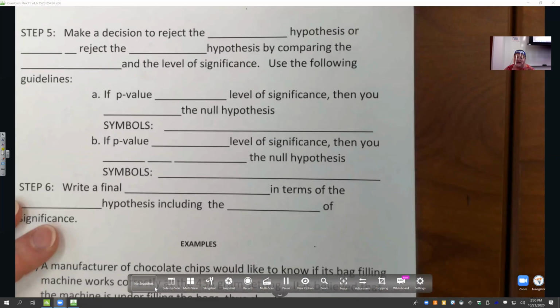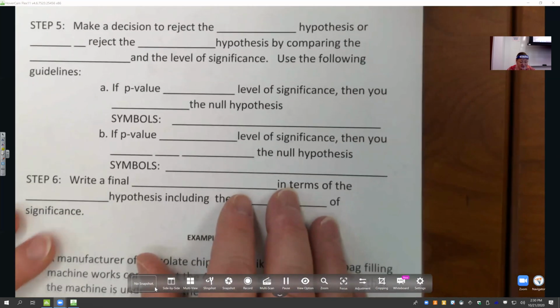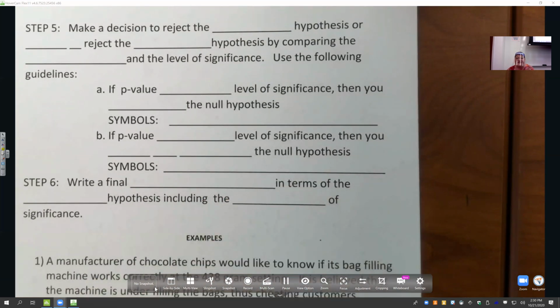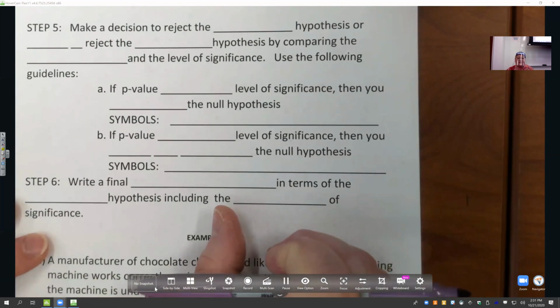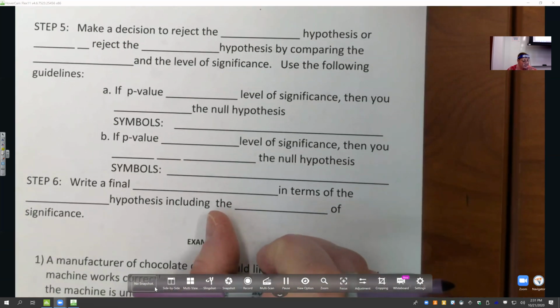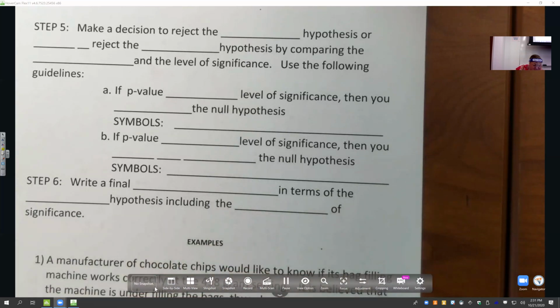Now, that's not the terminology we use in statistics. In step 5, we're going to make our decision, again the idea of trying to decide, are they guilty or not guilty?